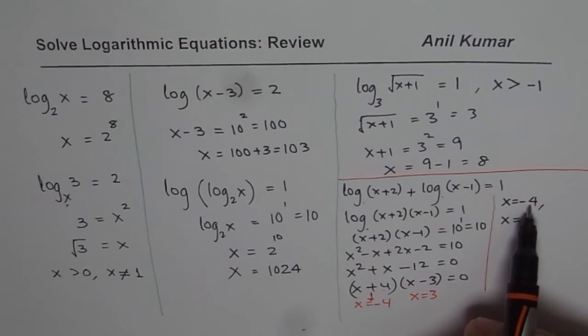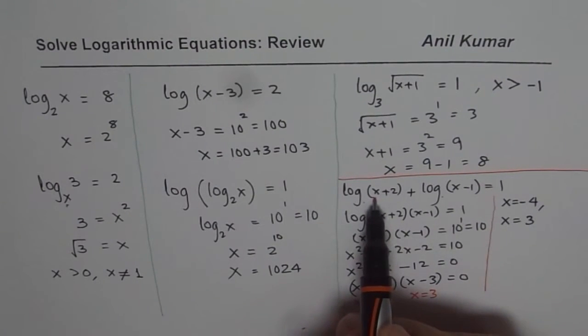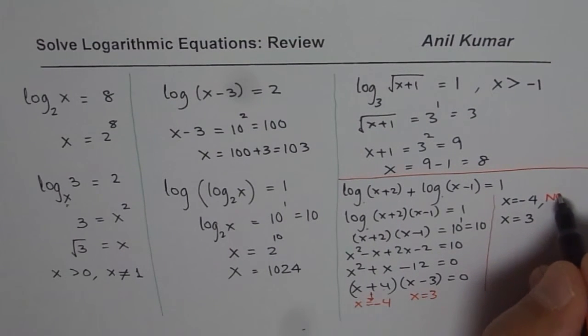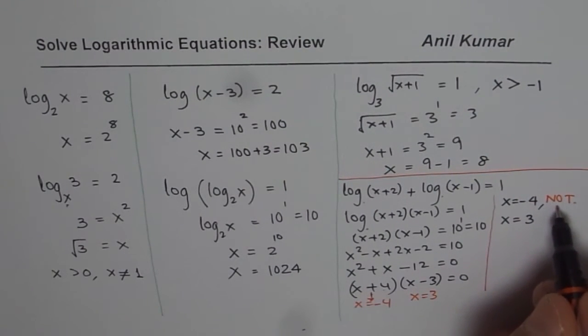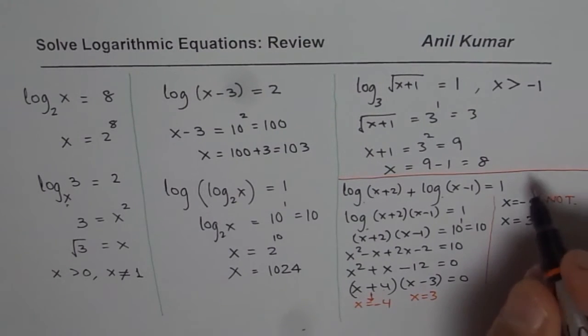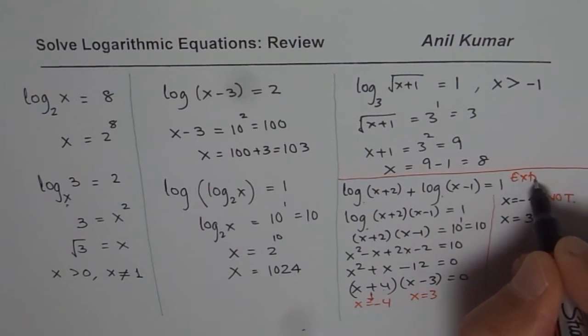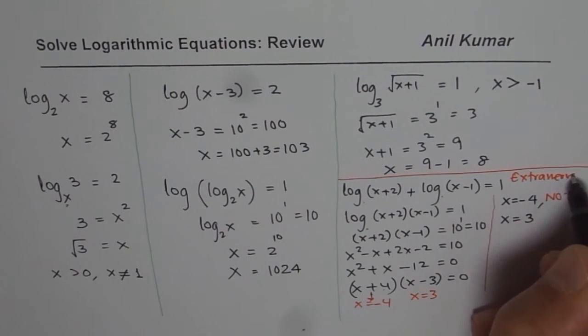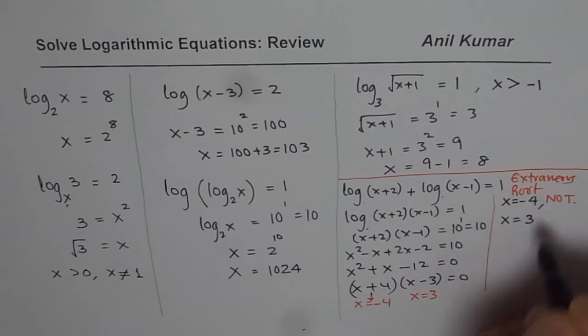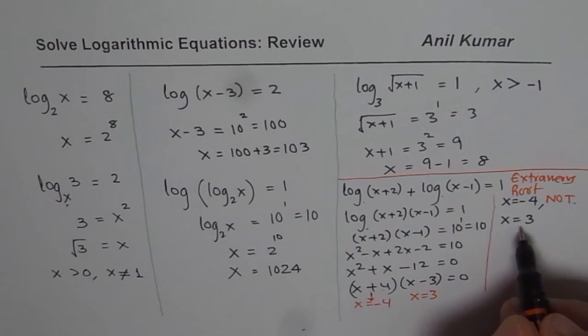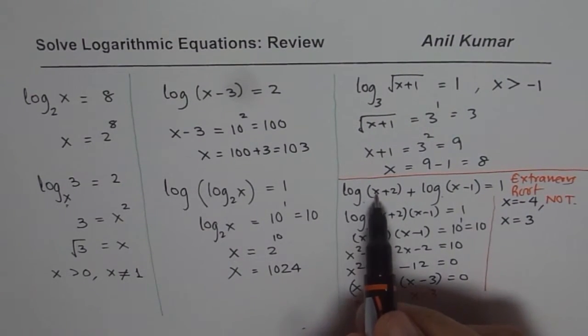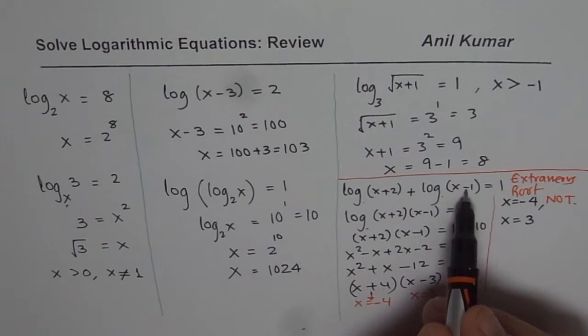As you can clearly see, if I write minus 4 here, then I get a negative number inside. So that is not permitted. Is that okay? So we call this an extraneous root. So it is not the correct answer. However, 3 is correct. If I write 3 here, 3 plus 2 is 5, 3 minus 1 is 2.